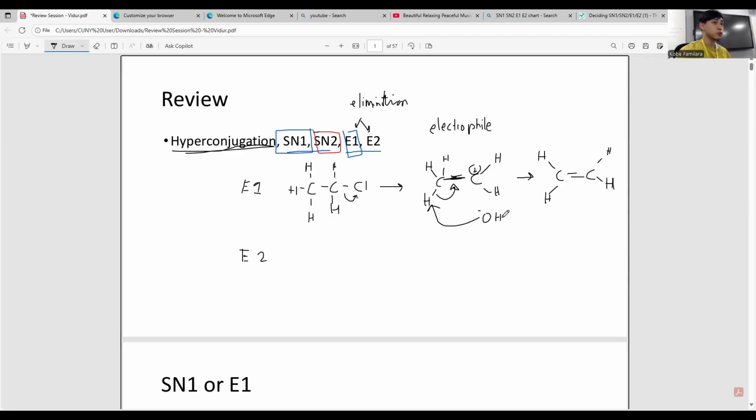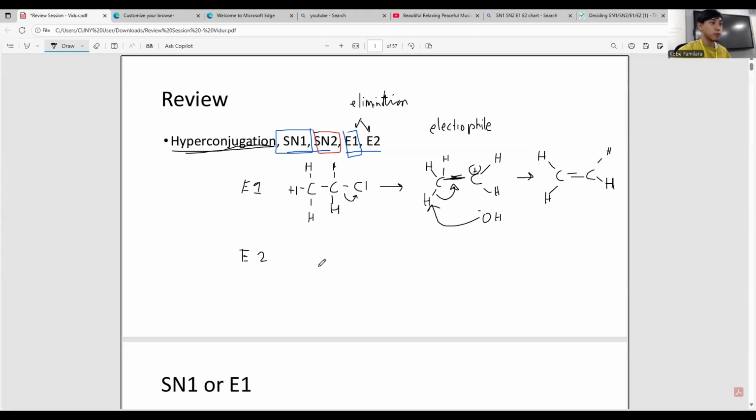Similar to SN2, the nucleophile, or in this case the base, is trying to get a hydrogen ion, and bases love hydrogen ions. In SN1 and SN2, we call it a nucleophile because it's attacking. But in E1 and E2 reactions, we call it a base.